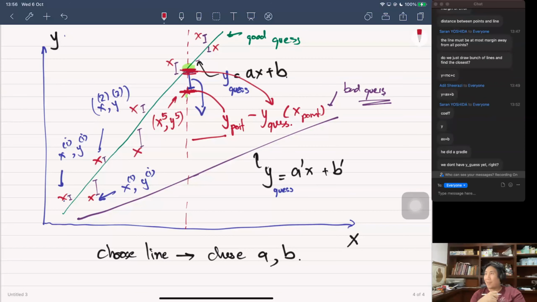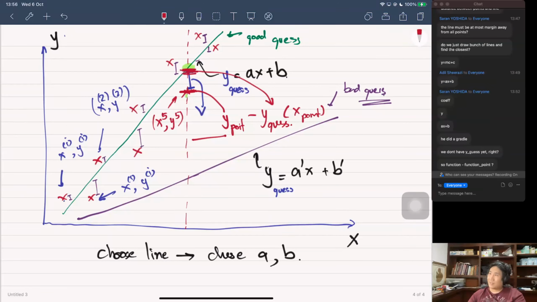Y guess depends on A and B. But if we know how to guess given A and B, and we can score it, we're going to find the best one. This is very important: it's not a function minus a point. Given A and B, this is a number. Y guess is a function of X and is parameterized by A and B.